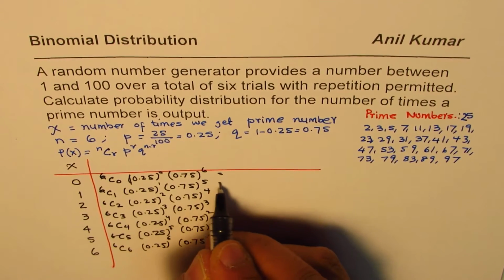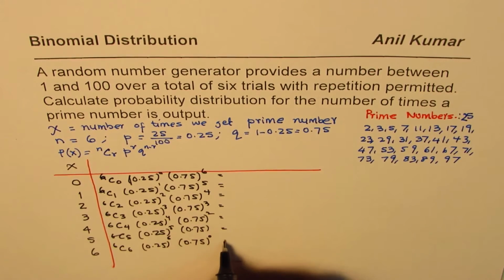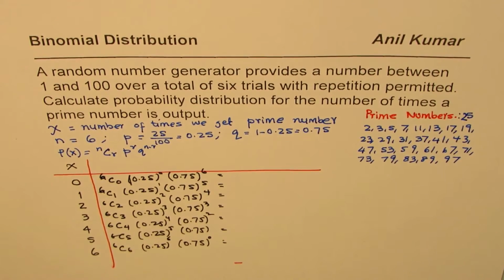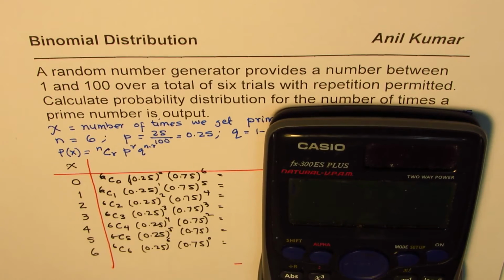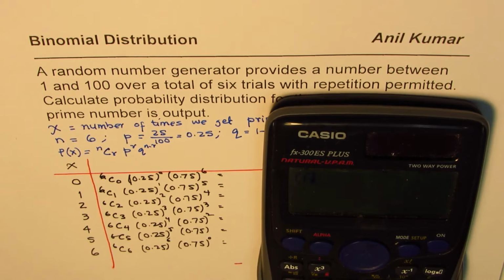So we can use the calculator to calculate these values. Let me input this data here. We'll start with the bracket just to keep it safe. It will be 6C0, and then we'll multiply by 0.25 to the power of 0 for the first case, then multiply by 0.75 to the power of 6, and then equals.